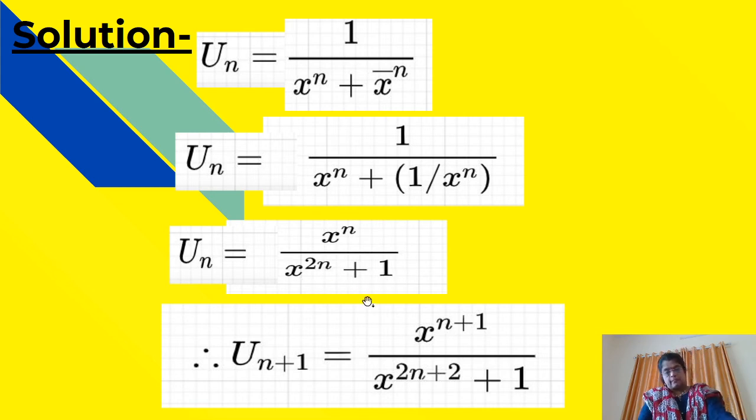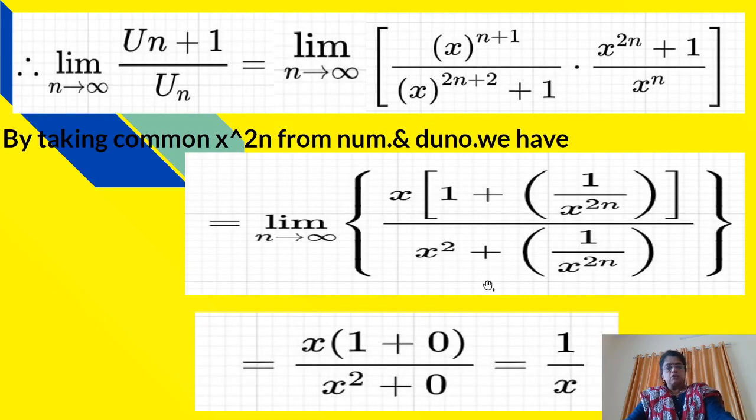plus 1. From this un, now we can find un plus 1 by replacing n by n plus 1 on both sides, and therefore we will get un plus 1 is equal to x raised to n plus 1 divided by x raised to 2n plus 2 plus 1. Now we will calculate limit n tends to infinity un plus 1 upon un, which is equal to limit n tends to infinity x raised to n plus 1 upon x raised to 2n plus 2 plus 1 into x raised to 2n plus 1 divided by x raised to n.